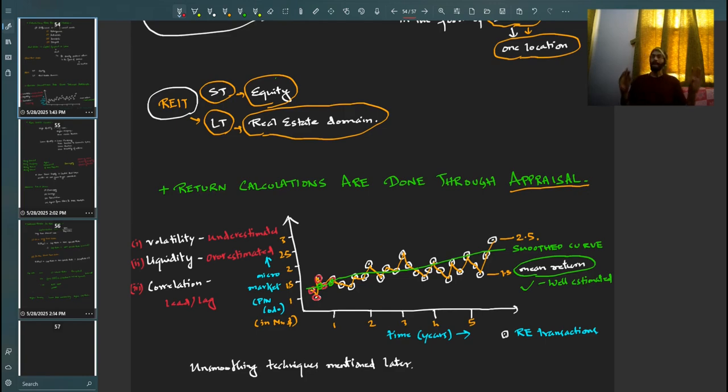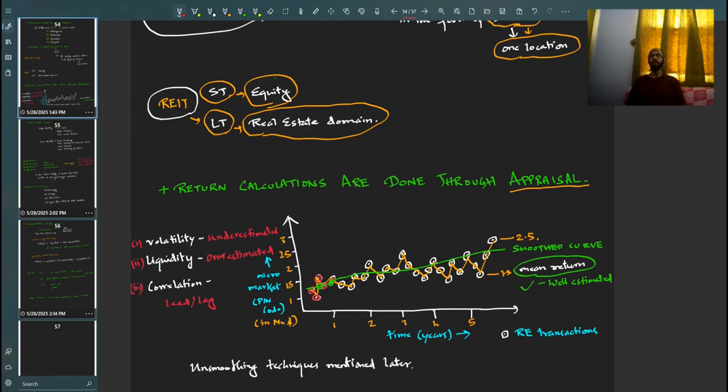It is made out of very infrequent transactions. And we have created a smooth curve out of moving averages, not out of frequent, continuous transactions. So that is the second point. The liquidity is overestimated, the volatility is underestimated.